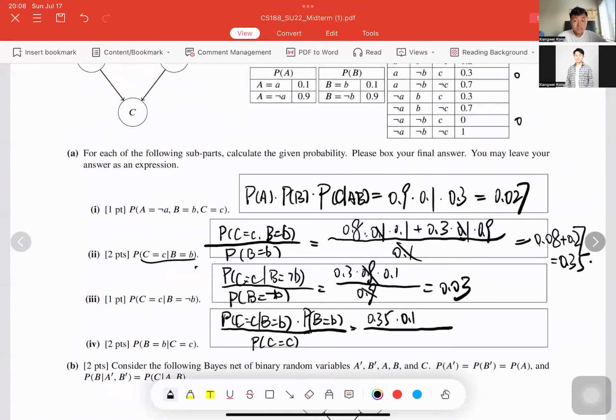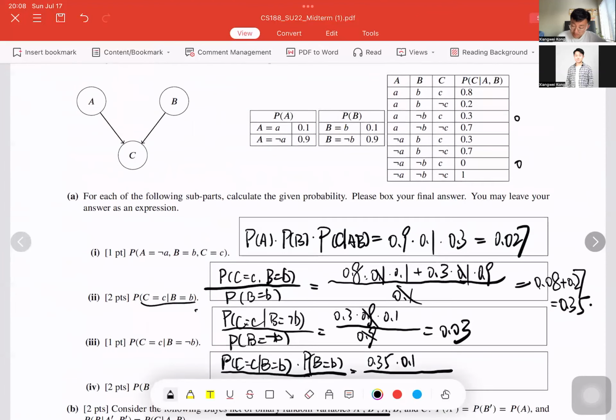To get C equal to c, we cannot just find it directly from the CPT. So we sum out all the values for A and B. First, we need to find all the assignments for C equal to c, which are this one, this one, this one. And for this term, it's 0, so we just don't look at it.